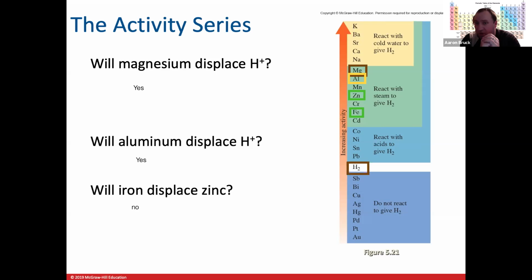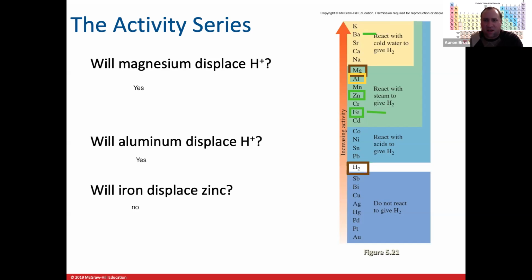So if I look at iron and compare it to barium, barium will react and replace iron. Barium will not be replaced by iron. It's a one-way street. If it happens in one direction, it will not happen in the other direction.